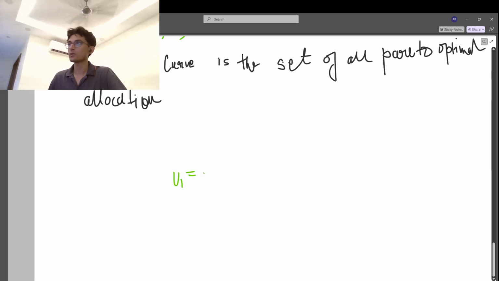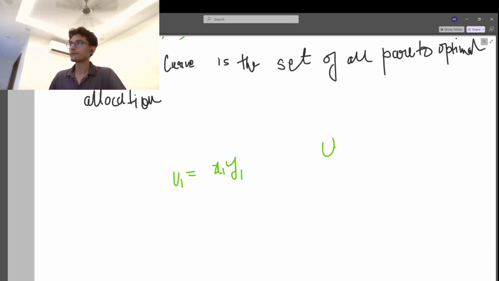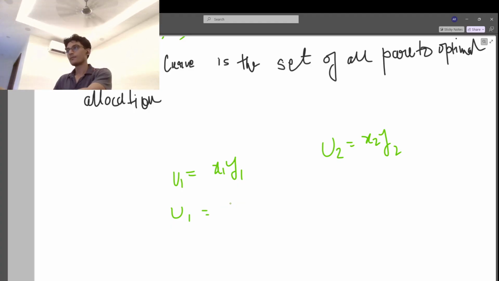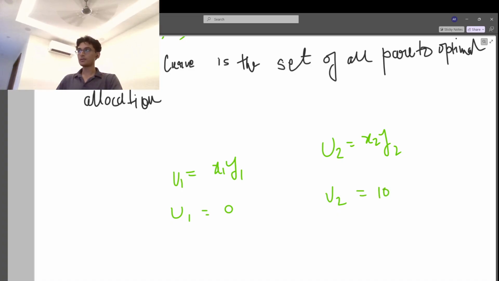Utility of one is equal to x1 y1, and utility of two is equal to x2 y2. So if individual one has 0, 0, then its utility is just 0. Individual 2 has 10, 10, its utility is just 100.